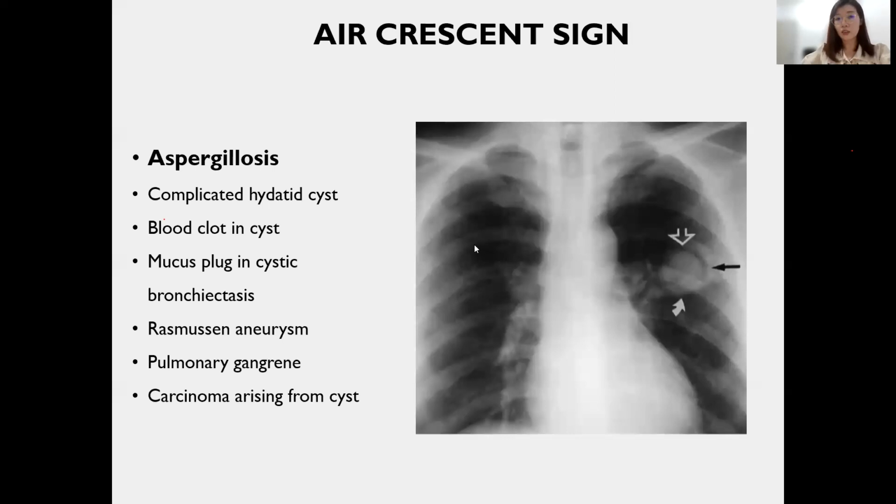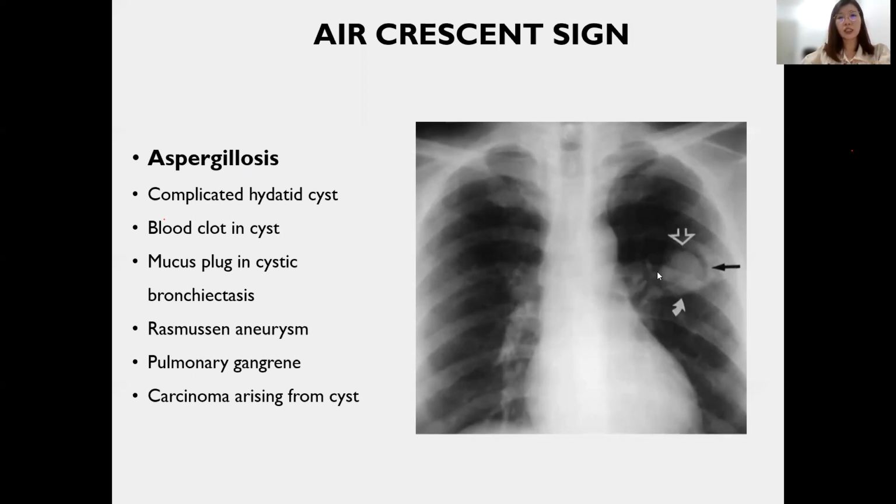Rare causes will be hydatid, blood clot in a cyst, mucus plug in a cystic bronchiectasis, which we very rarely encounter. Rasmussen aneurysm is a pulmonary artery aneurysm associated with TB, gangrene, which I never see, or carcinoma arising from a cyst, very rare cause. So always air crescent sign, cavity with soft tissue opacity within, mycetoma or aspergillosis, number one diagnosis.